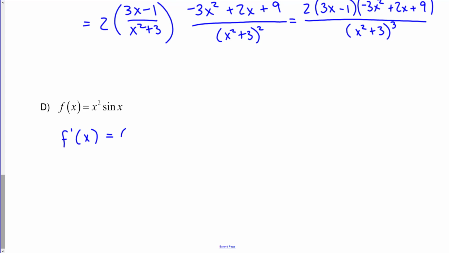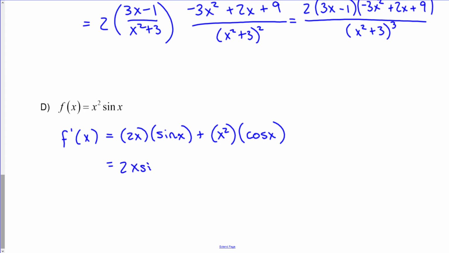I can do the derivative of the first times the second plus the first times the derivative of the second, which is cosine x. So this would be 2x sine x plus x squared cosine x. So there's no use of the chain rule there.